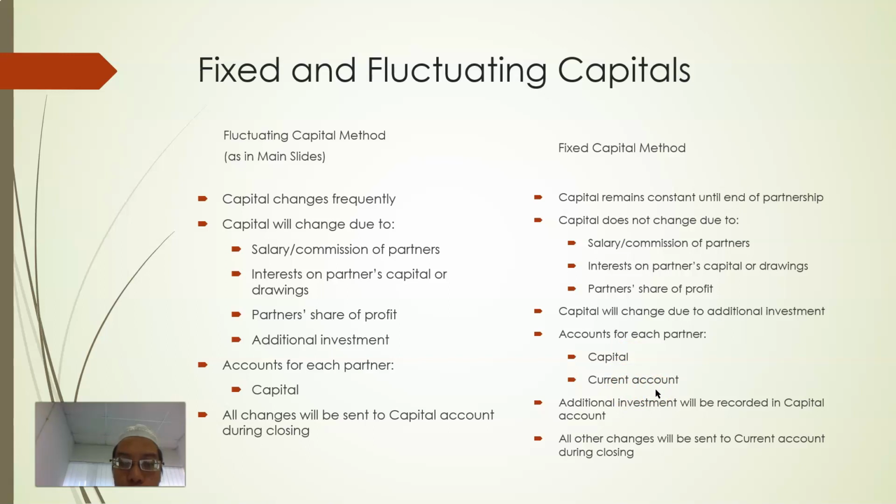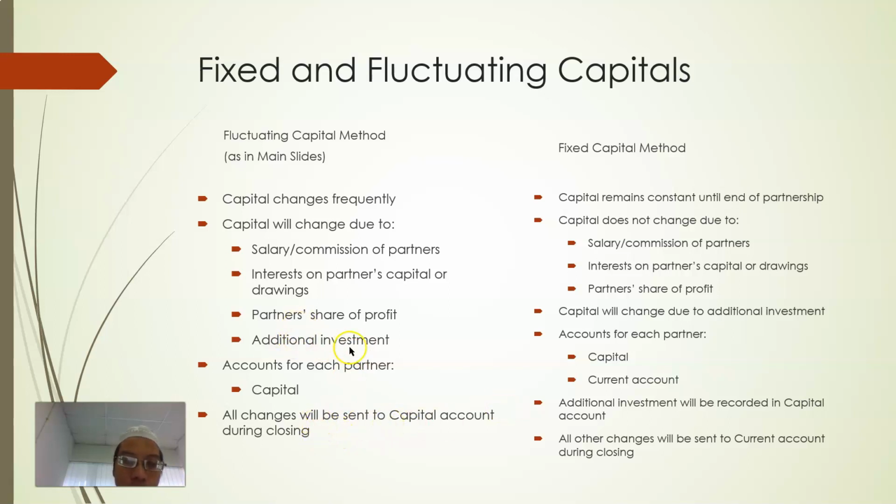So there are 2 accounts allocated for each partner. If there are 4 partners, there will be 8 accounts, one capital account and one current account for each partner. Therefore, under the fluctuating capital method, all of these 4 types of changes will be sent to the capital account during the closing.